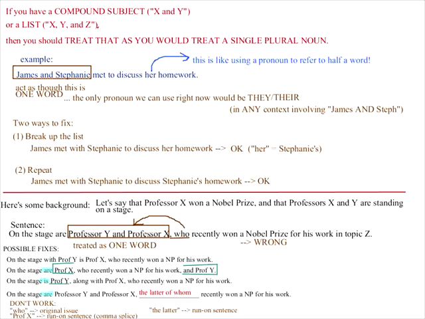Along with is just a modifier. So Professor Y by him or herself is the subject of this one. So along with Professor X, we can just eliminate.